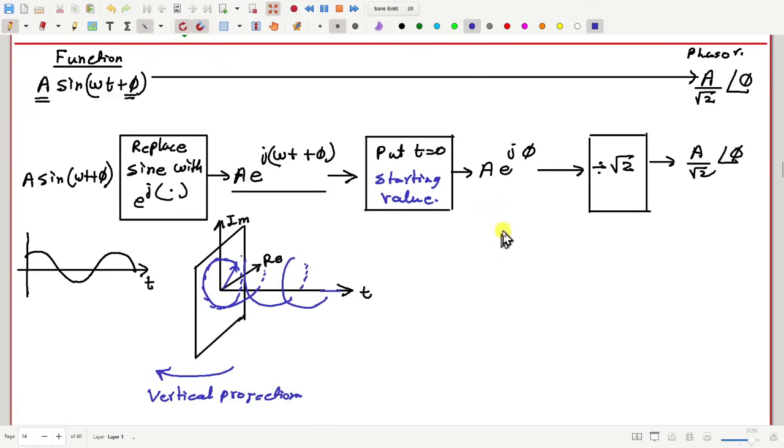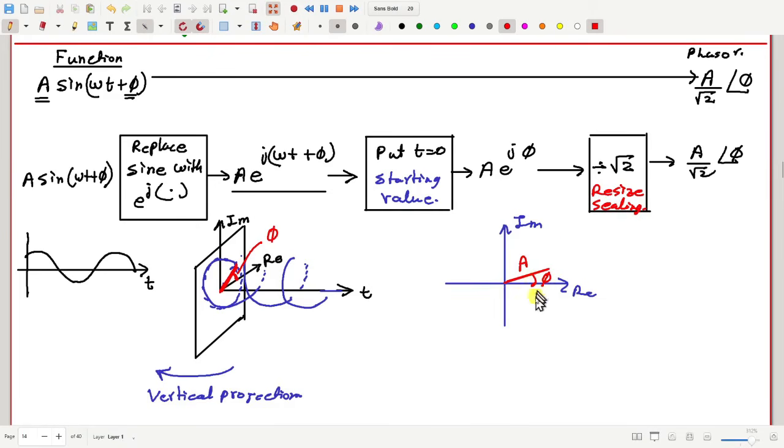If I draw the complex plane, real axis, imaginary axis, suppose this angle was phi at time 0, and this length is A. Finally we are just scaling, resizing, which is not very insightful.